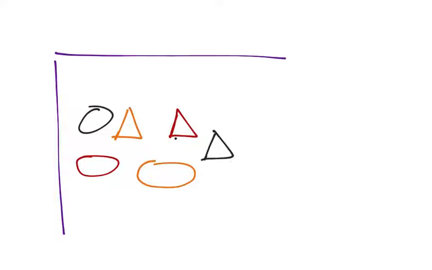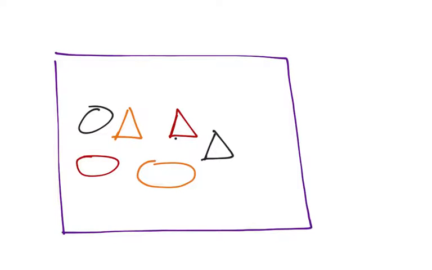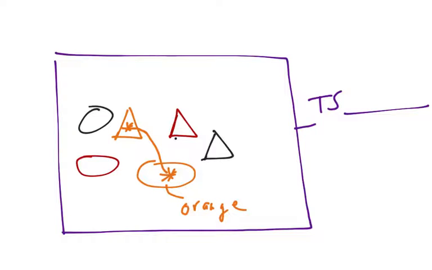Let's take a look at the same grouping again. And there's another possible way of organizing. And that is, I have three colors. So, for instance, this piece of evidence and this piece of evidence can be grouped together by the idea of orange. And my topic sentence might be colors.